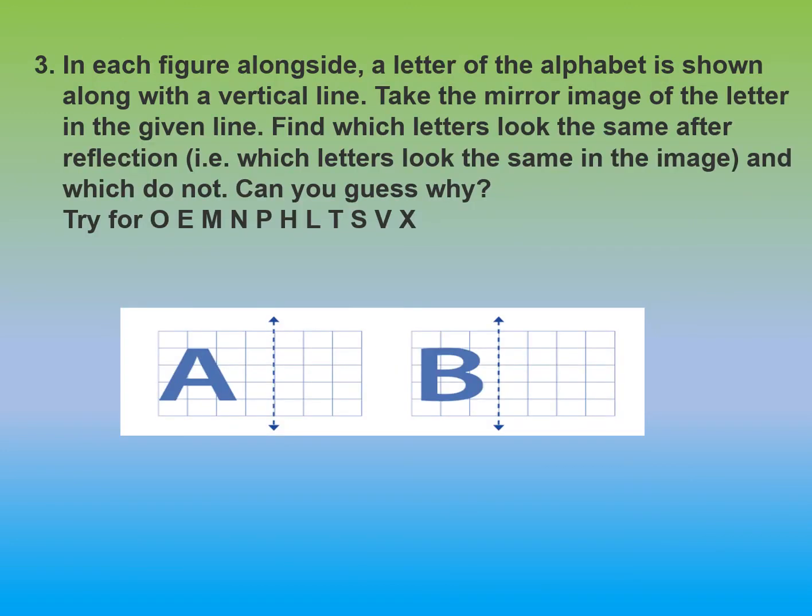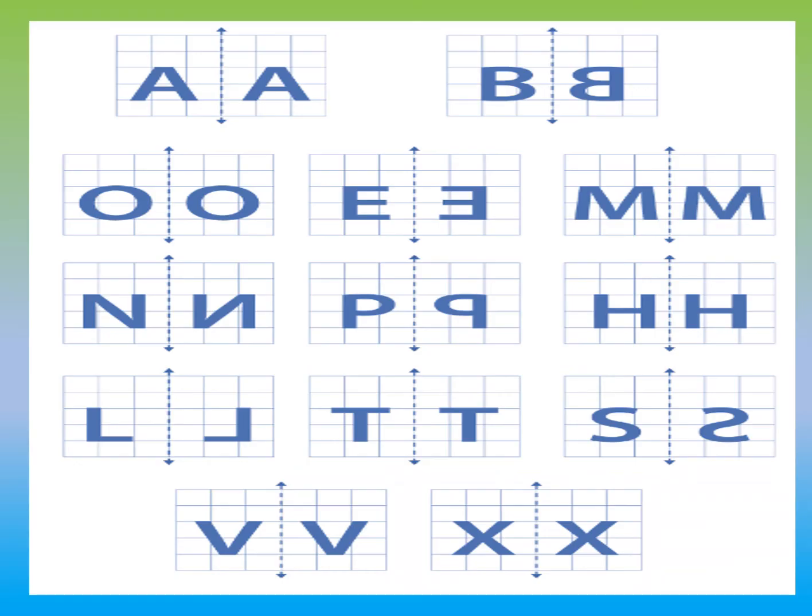In each figure alongside, a letter of the alphabet is shown along with a vertical line. Take the mirror image of the letter in the given line. Find which letters look the same after reflection. So we are asked to try for these letters. Let us try one by one. The letter and its image are symmetrical with reference to the mirror line. If the paper is folded, the mirror line becomes the line of symmetry. Now shall we check which letters have the same reflection.